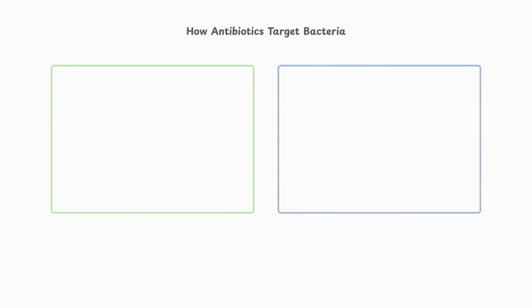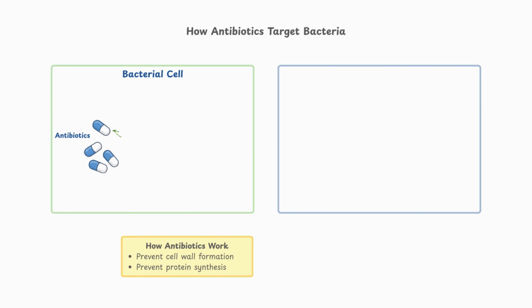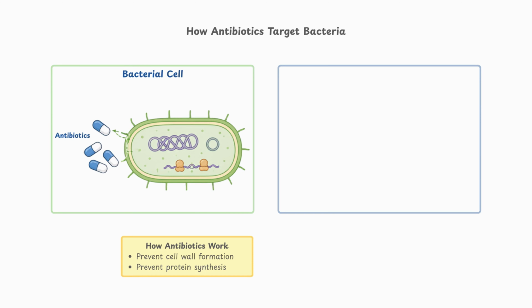Now let's look at how antibiotics actually target bacteria. Antibiotics work by interfering with important processes inside bacterial cells. Some antibiotics stop bacteria from building their cell walls. Without a strong cell wall, the bacteria become damaged and may burst. Other antibiotics prevent bacteria from making proteins.